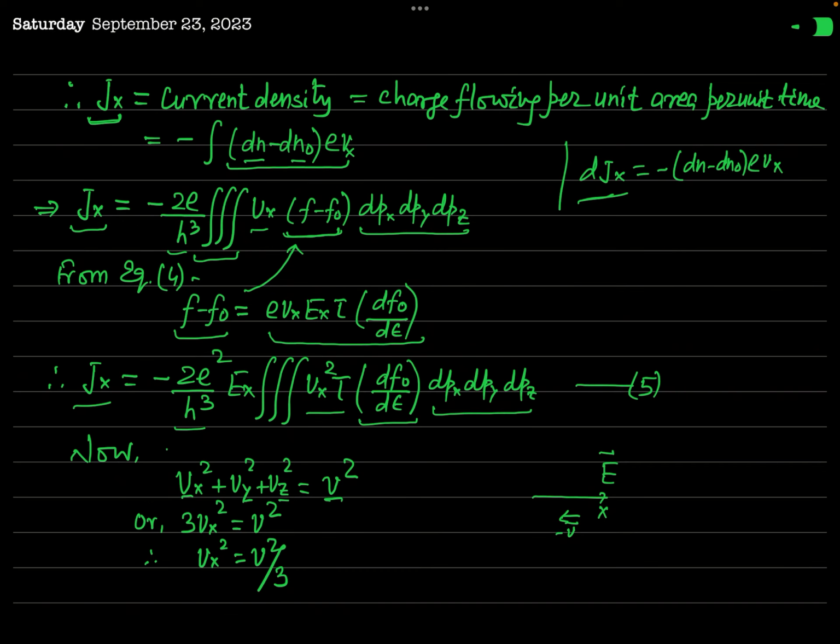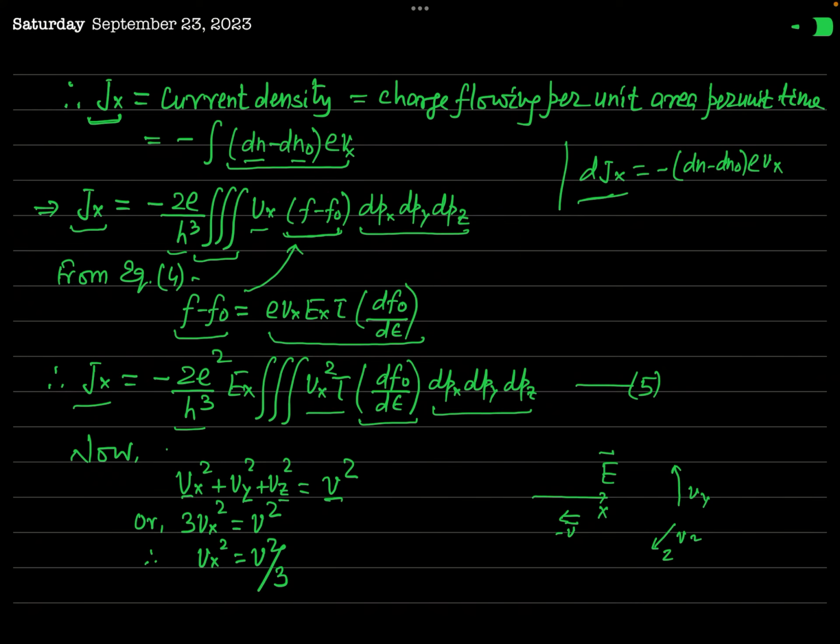But if you apply the electric field in y direction, the drifting of electron will take place in y direction with velocity vy, okay? And if you apply the electric field in z direction, then drifting will be on z axis with velocity vz. So all these vx, vy and vz are equivalent to one another.